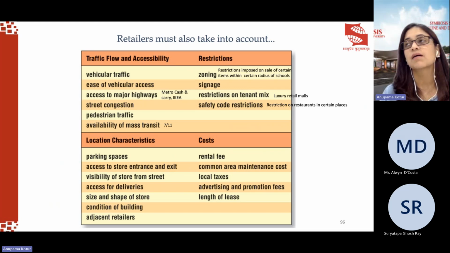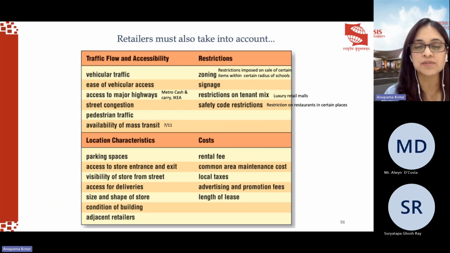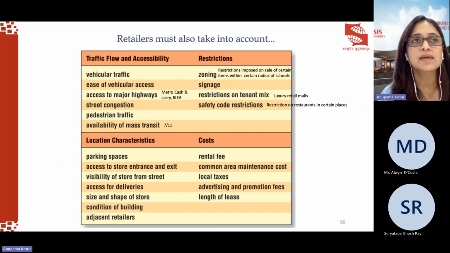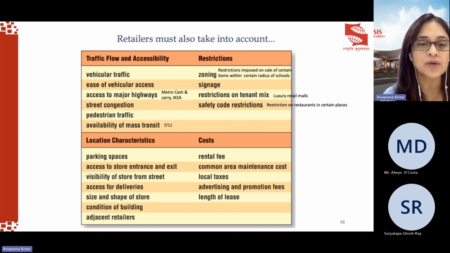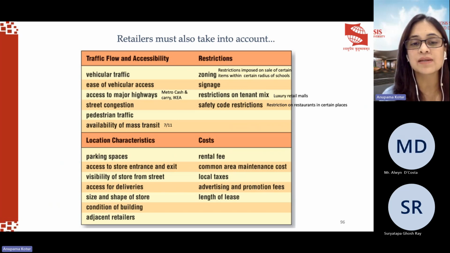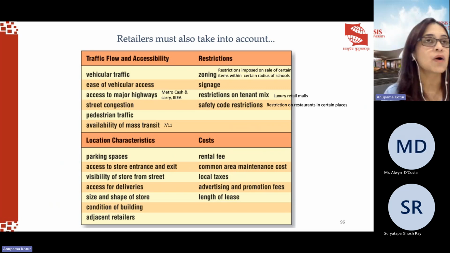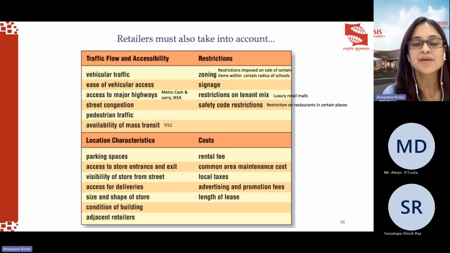Street congestion might be good, may not be good. Again, depends on the kind of brand that you're looking at. Pedestrian traffic, if you are a store that relies heavily on walk-in traffic, then of course, for example, your 7-Eleven, everywhere in the world, you will typically find that they are located very close to a metro station or a bus stop or heavily touristy areas because they are a convenience store, isn't it?